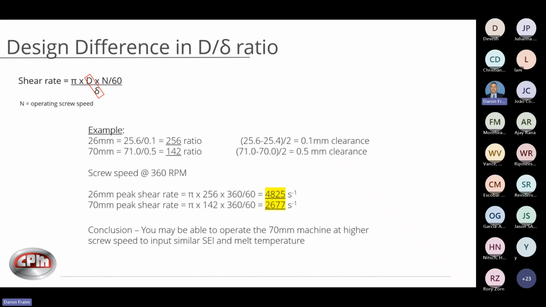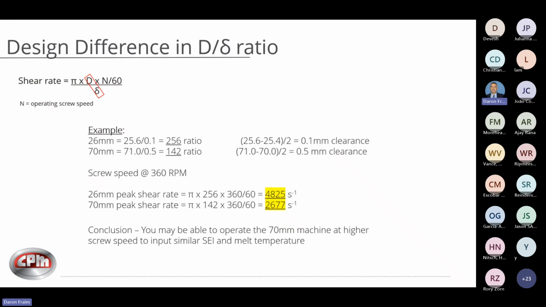Where the small machine is at 48.25 reciprocal seconds, the 70 is operating at 26.77. So in this case, when you move between machines, you may be able to operate that 70 millimeter at a higher screw speed to input a similar specific energy. So this is just to understand there can be some design differences. These are things to take a look at before you go from machine A to machine B.